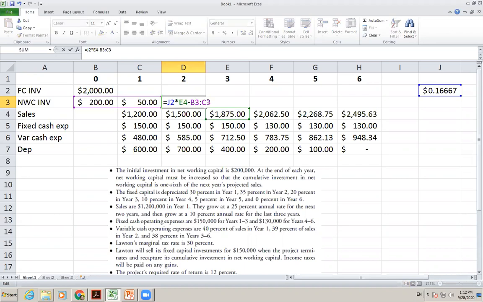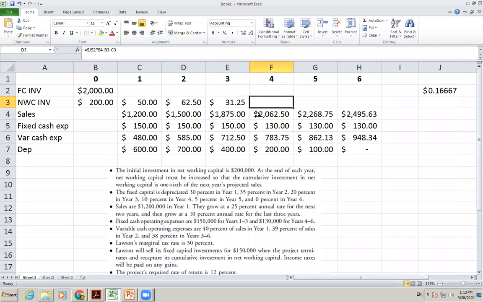Let me fix this one. We can do the same thing here: this times next projected cash flow minus this, minus this. We're subtracting the cumulative net working capital. Then I need to manipulate, but I don't want to waste the time on that.